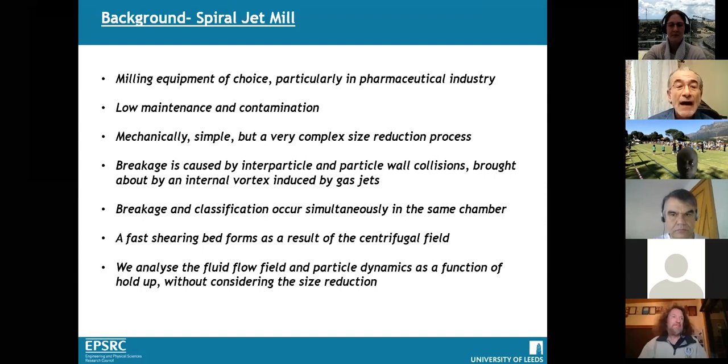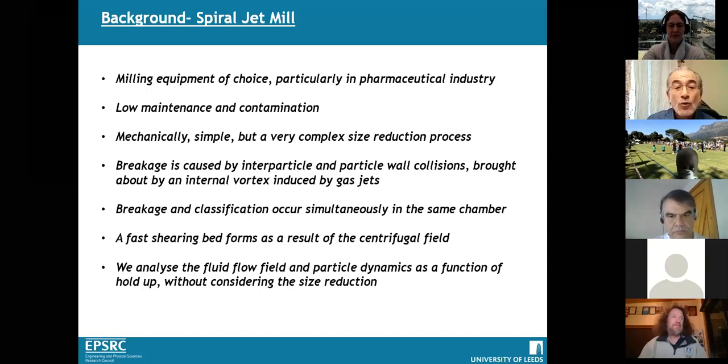Breakage is brought about by interparticle and particle-wall collisions, and that is again induced by an internal vortex, which is generated by gas jets. Breakage and classification occur simultaneously in the same space. So we have a fast shearing bed, which forms as a result of the centrifugal field, and this shearing bed basically causes the breakage.